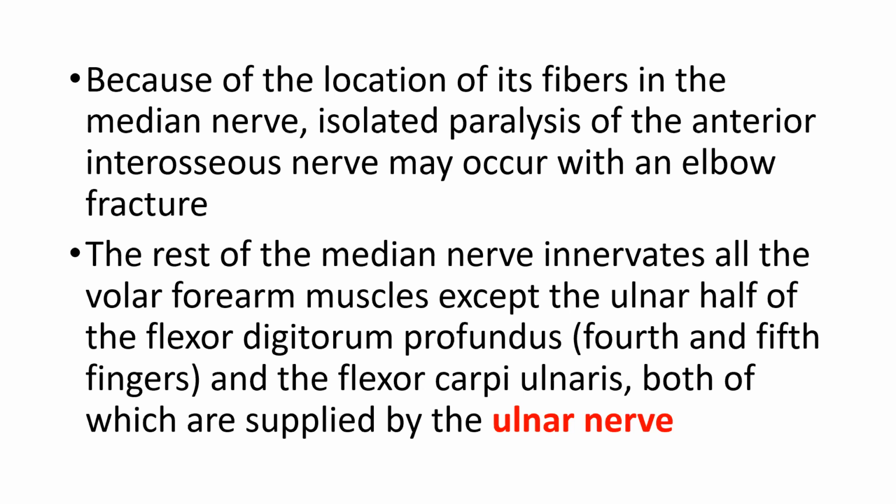The rest of the flexor muscles on the anterior part of the forearm are supplied by the median nerve. Don't forget that the ulnar nerve supplies the medial half of the profundus, to the fourth and fifth fingers, while it also supplies the flexor carpi ulnaris. Please, I beg you not to forget this.